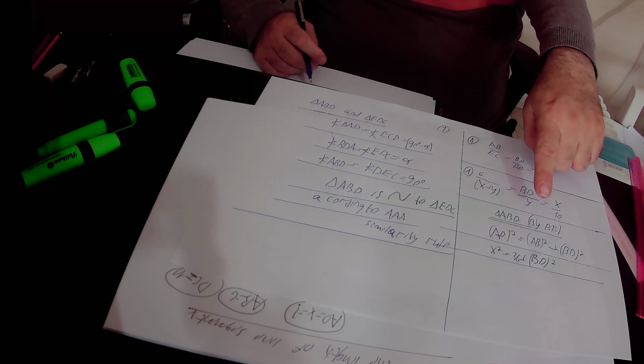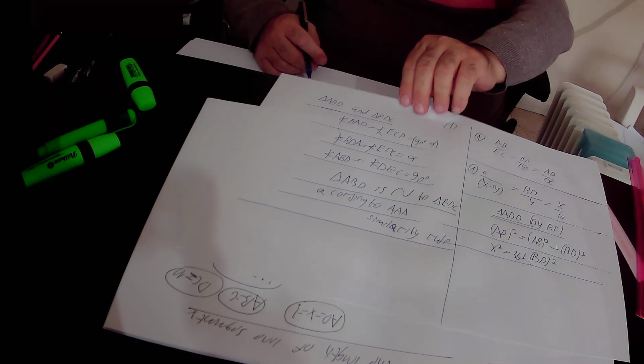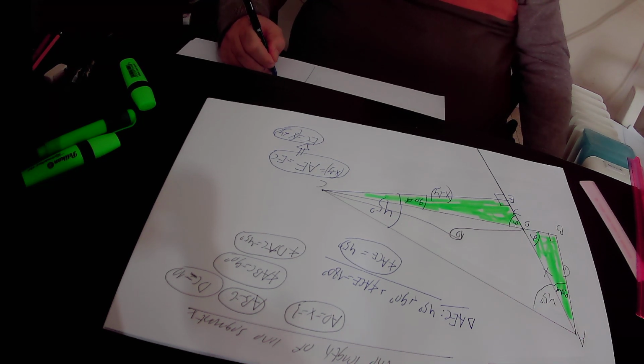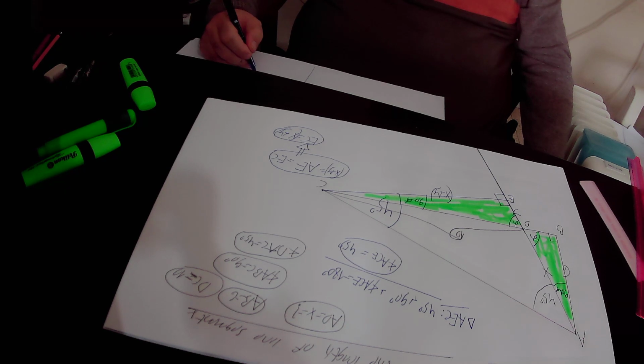Here we'll subtract 36 from this equation, and we get that BD squared is equal to x squared minus 36.